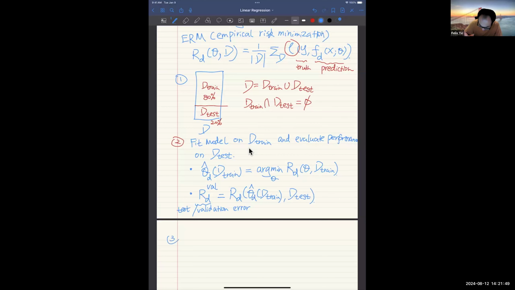The third step is, so through here, we fixed the D. Right?